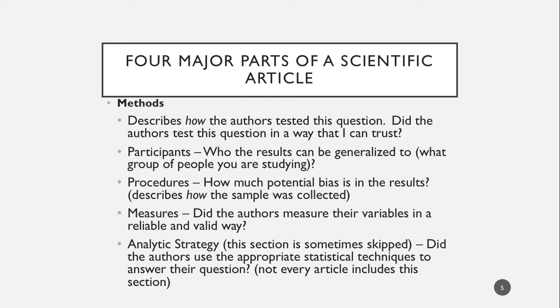In this section, the statistical techniques are described. The purpose of this is to allow researchers to assess whether the author performed the statistics correctly. Did they use the appropriate statistical techniques?